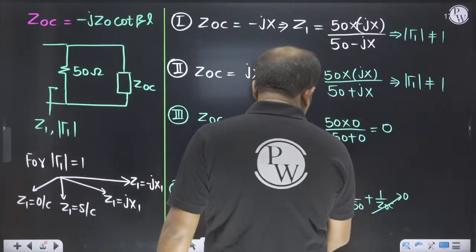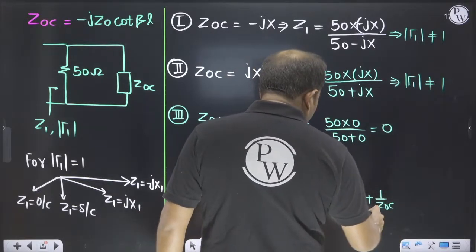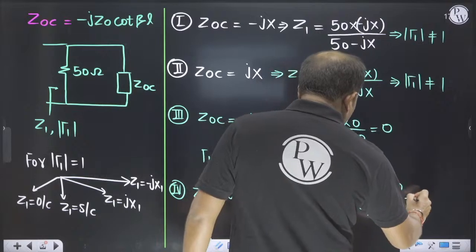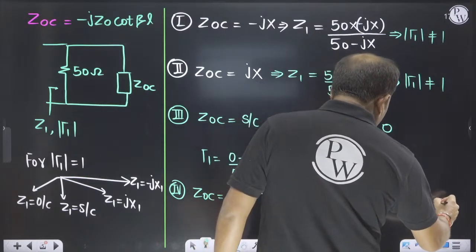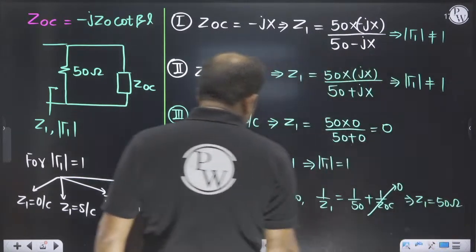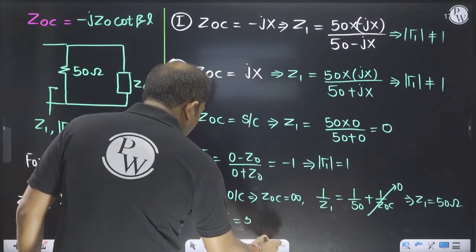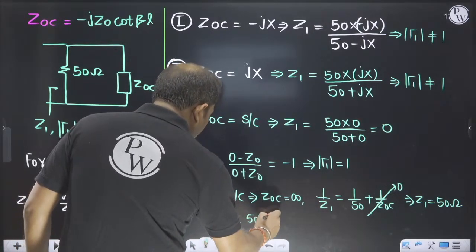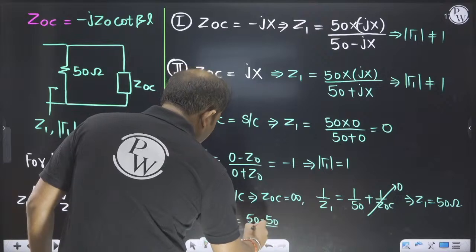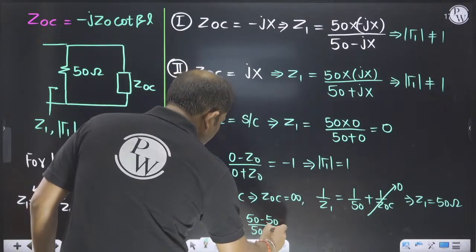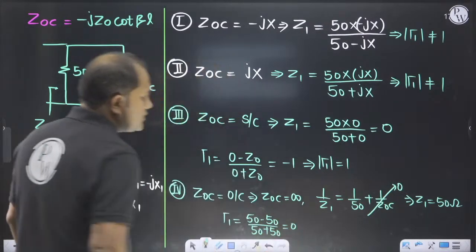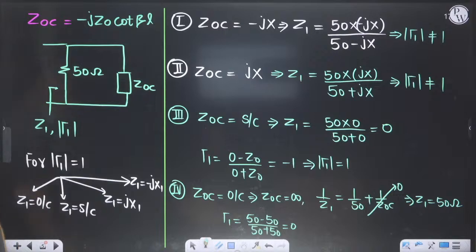So this ratio will become 0, and Z1 will be 50 ohm. If Z1 is 50 ohm, then reflection coefficient will be 50 minus 50 divided by 50 plus 50, it will be 0. So reflection coefficient will be 0.